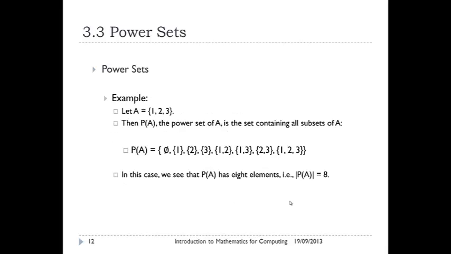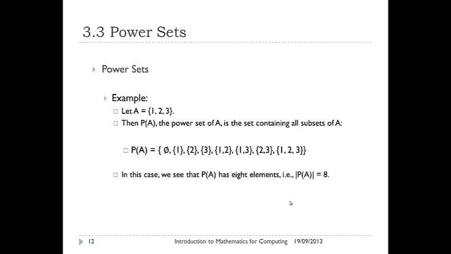So if we're given the set A equals {1, 2, 3}, what we want to do is find all of the subsets of the set A. Well, we know that the null set is a subset of every set, so that's going to be in the list. Also, we can then extract from the initial set all of the other subsets.